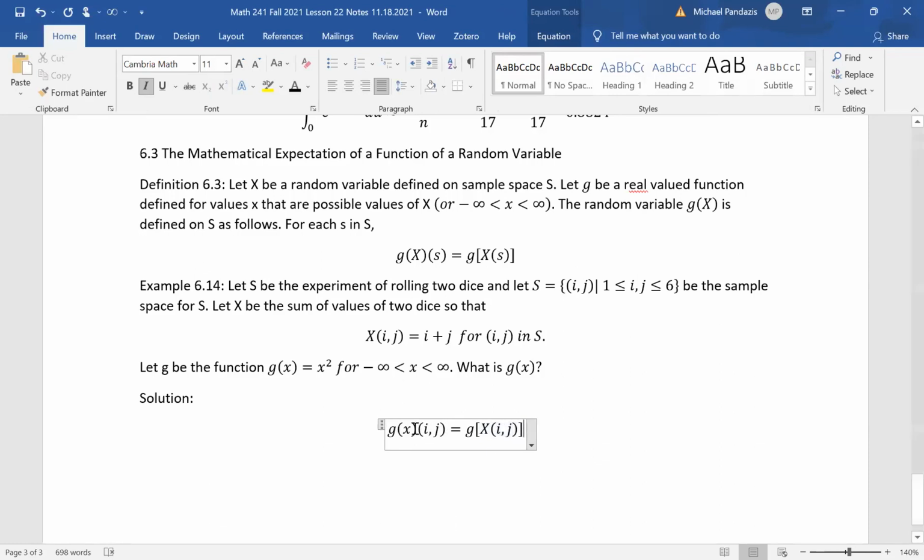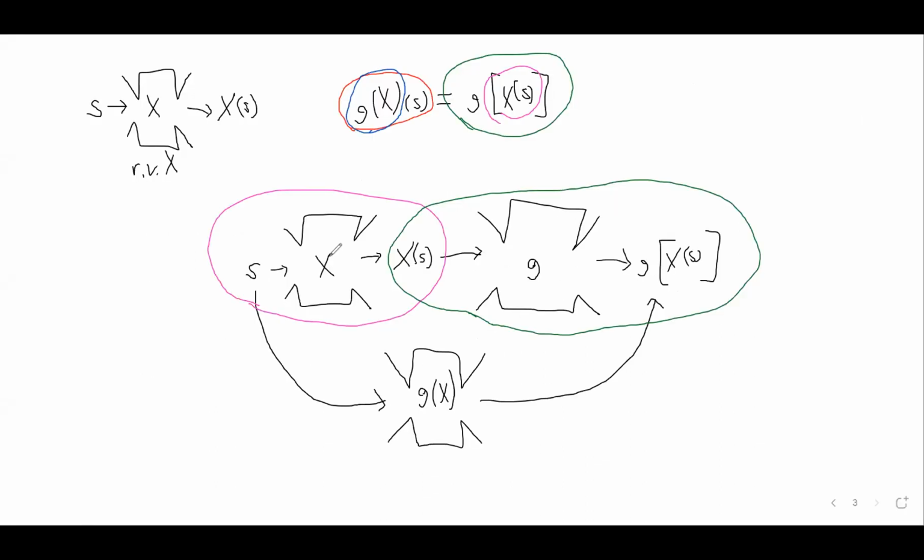You're applying X first and then g to your simple outcome. Just like in the big picture, g of X is first your random variable X, then your function g. g of X is first applying the random variable X, which is a function, and then post-composing it with g.